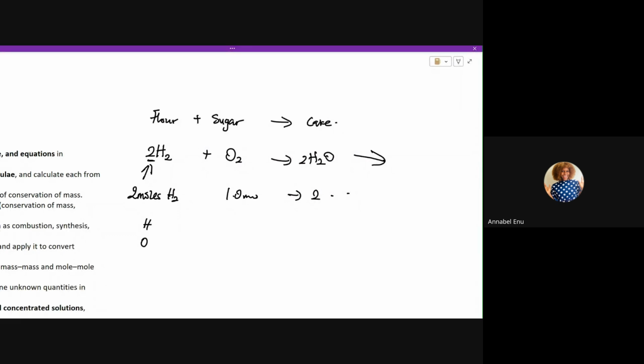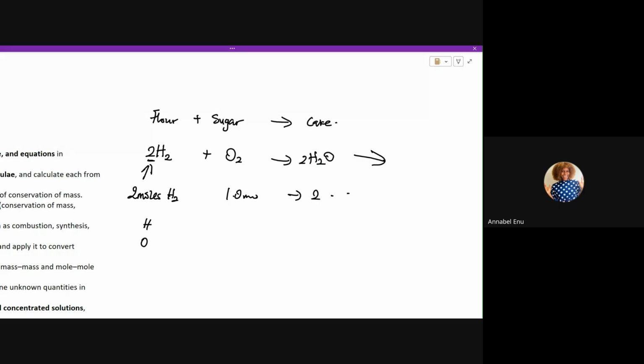So the total mass of hydrogen and oxygen in the reactant must be equal to the total mass of hydrogen and oxygen in the product. That is what the law of conservation of mass is telling us entirely.